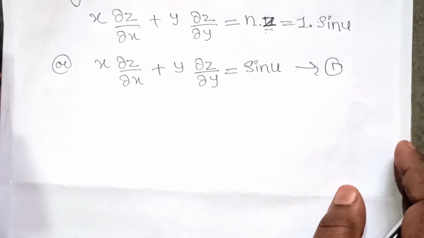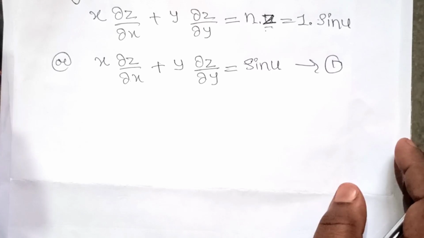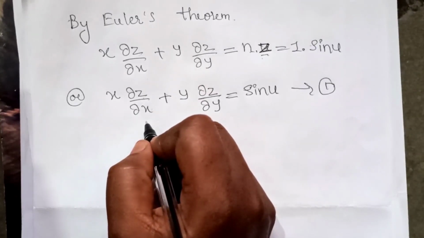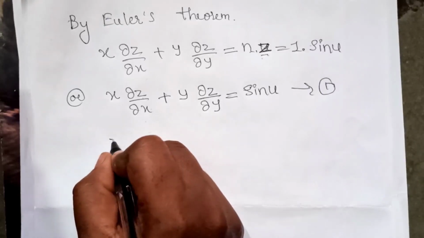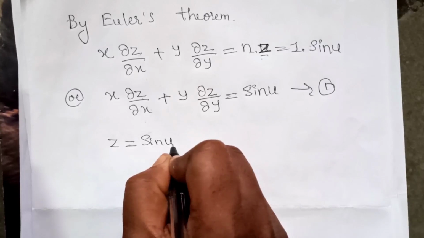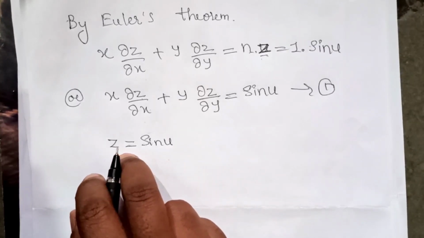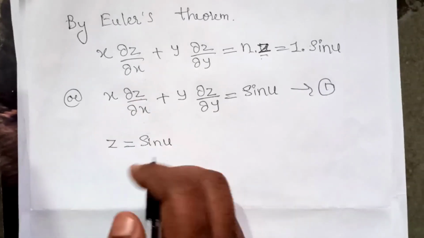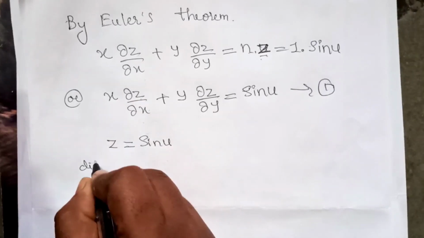Now the dou z by dou x value can be obtained by using z equals sine u. So on partially differentiating z with respect to x and with respect to y, we get the dou z by dou x value.